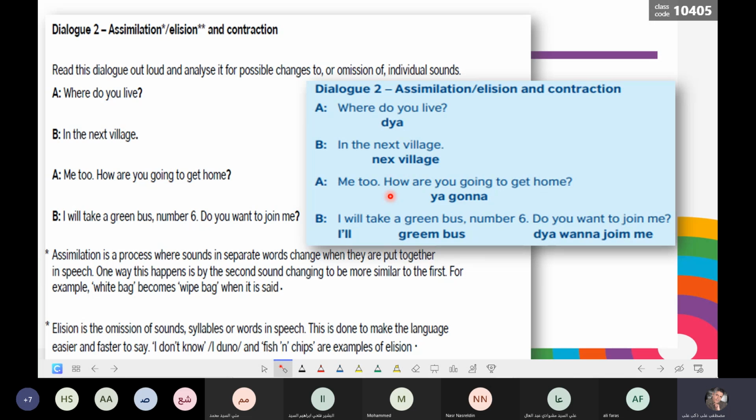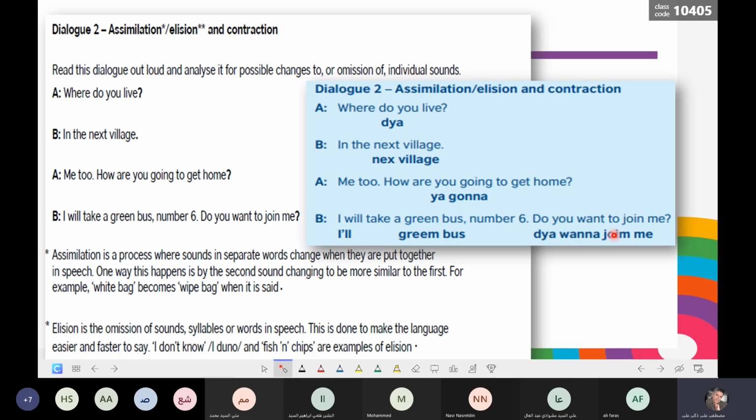And "you gonna," we take it as a common word. How are you gonna? Okay, and I can use "I'll" instead of "I will," and this is called contraction. And also the words green bus, it is assimilation.